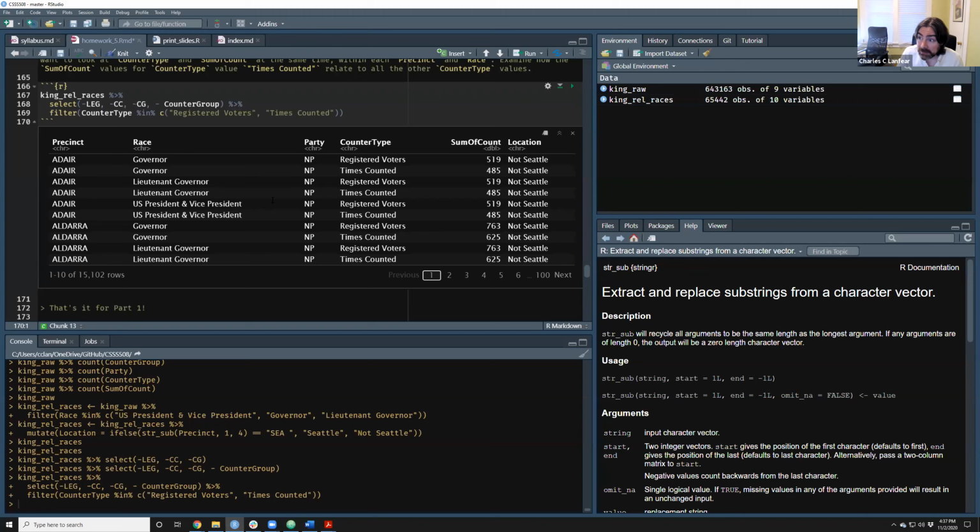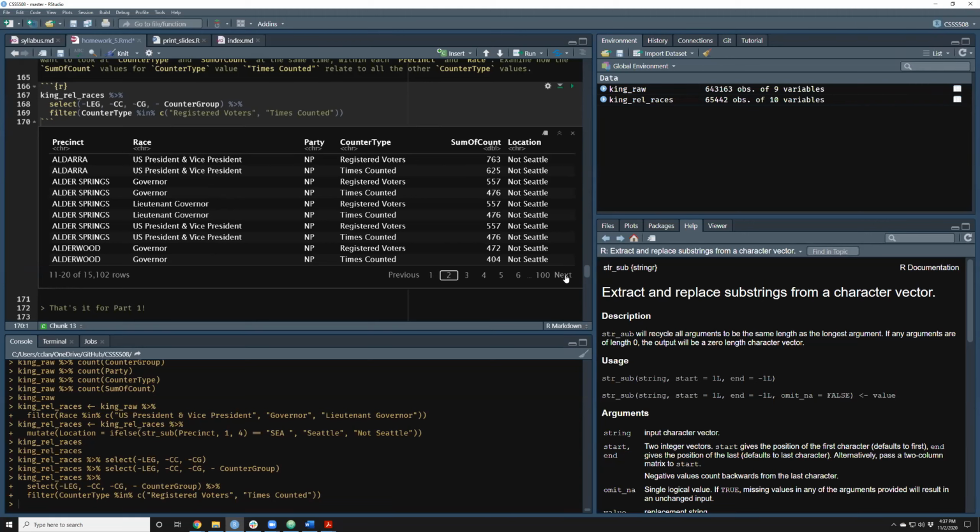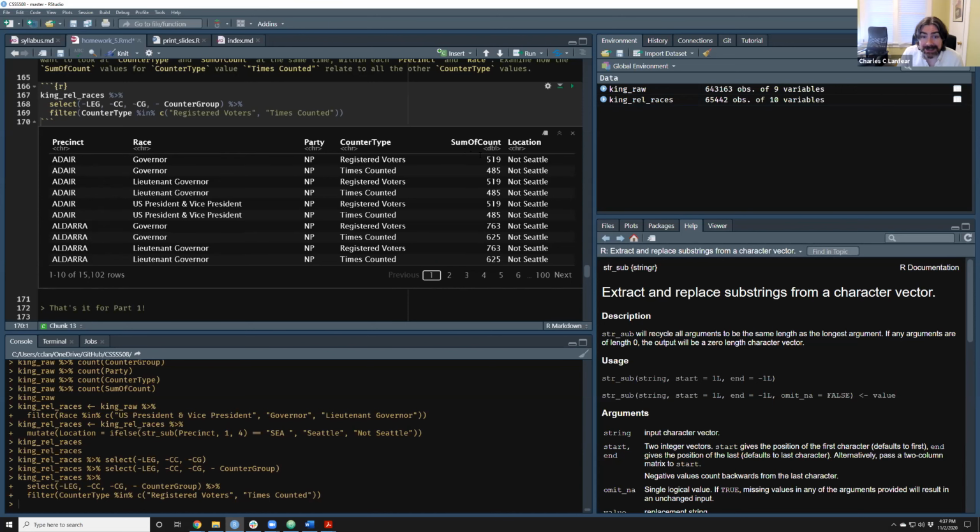Okay. Something else you're going to notice: what do these numbers look like for all the different races in a precinct?